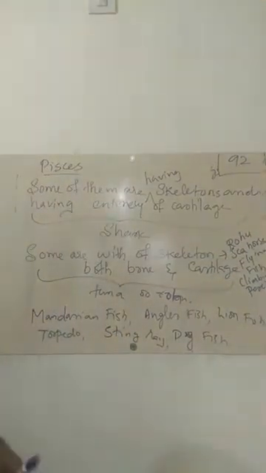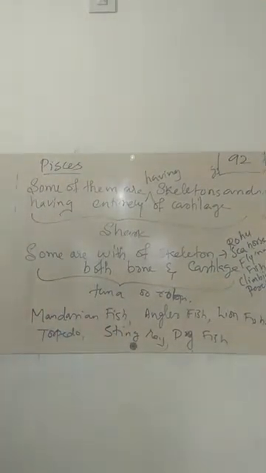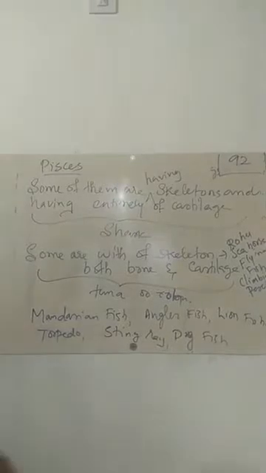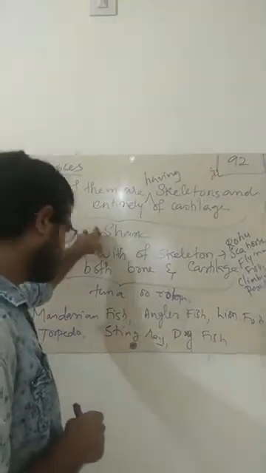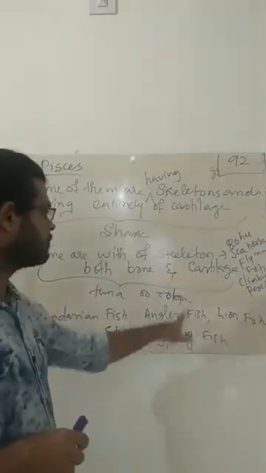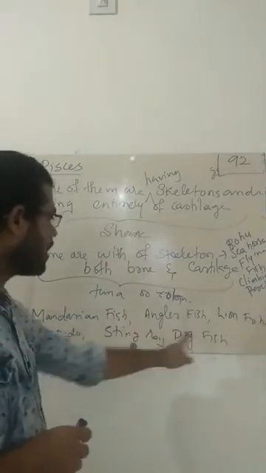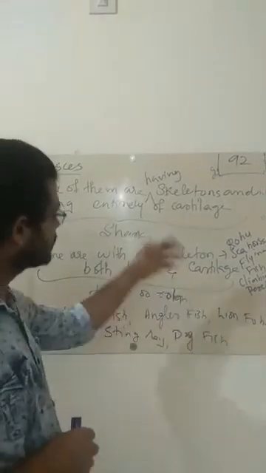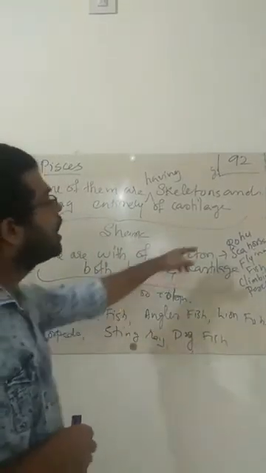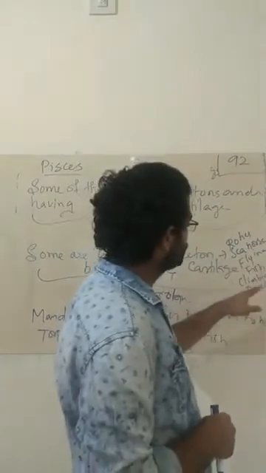So what we have said is that some of them have skeletons made entirely of cartilage, that is some sharks, anglerfish, lionfish, torpedo, stingray and dogfish. And some have both bone and cartilage, and the examples are rohu, seahorse, flying fish, climbing perch and tuna.